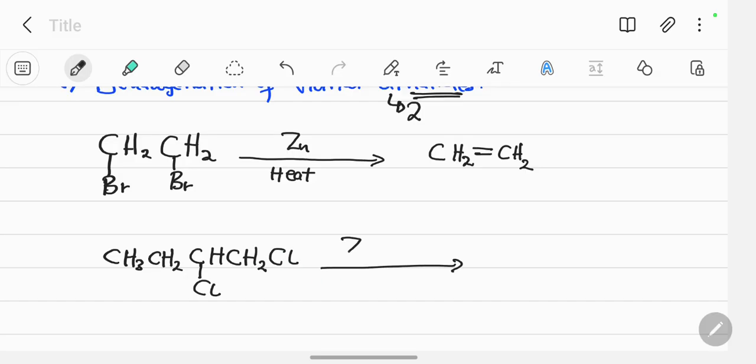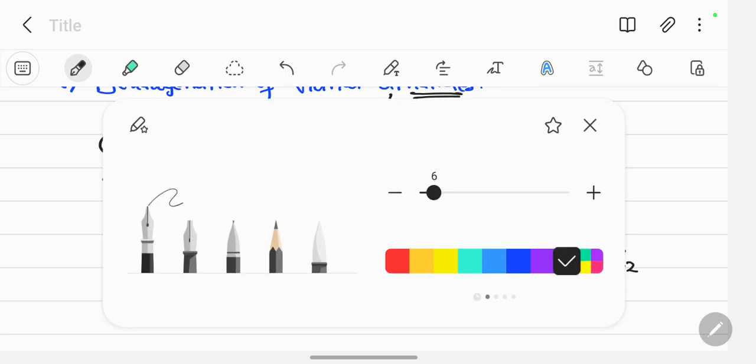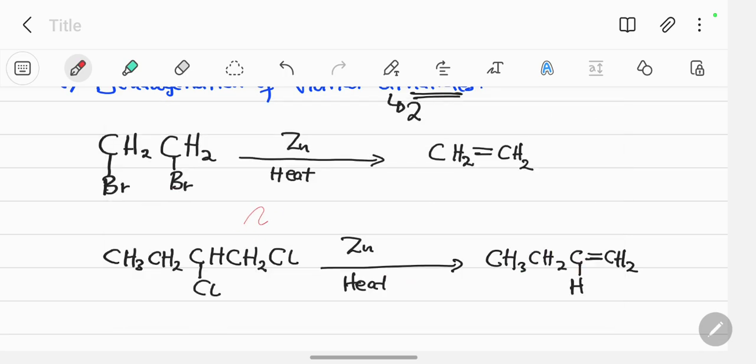This one, you apply your zinc and heat, it's going to give you CH3CH2CH=CH2. What are we doing? We are establishing a bond here.